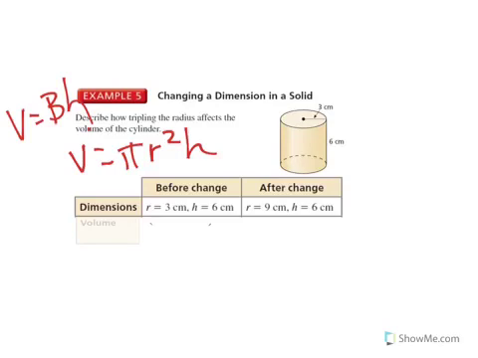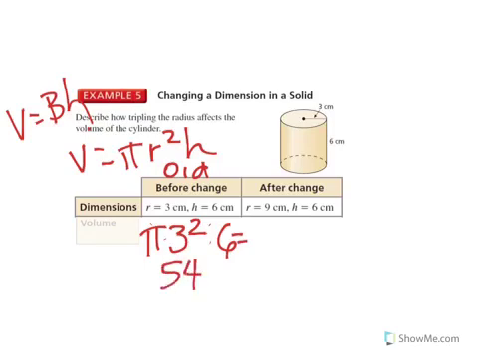So let's do the old one first before we do the new one. The old one is going to be pi times 3 squared times our height, which is going to give us 54 pi centimeters cubed.